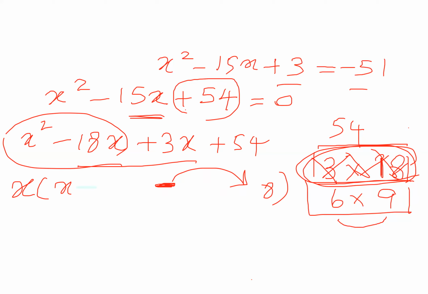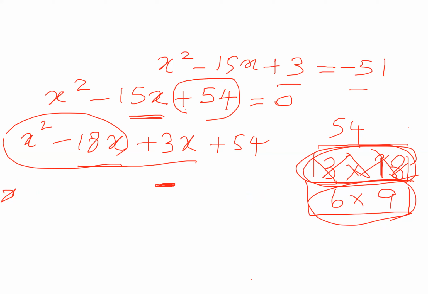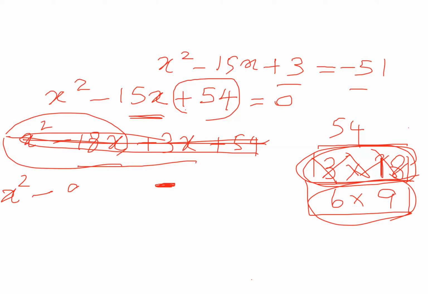Then that means you have to take these two factors, 6 and 9. So x squared, instead of this incorrect one, minus 9x minus 6x, then it becomes minus 15x, right?